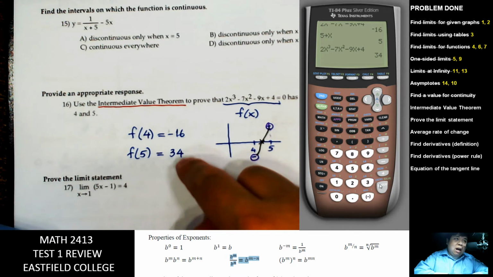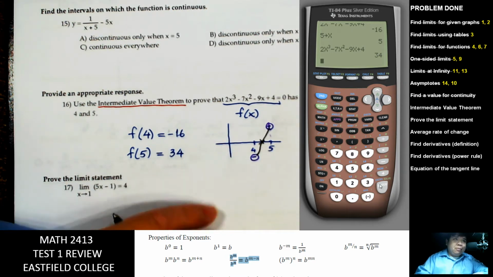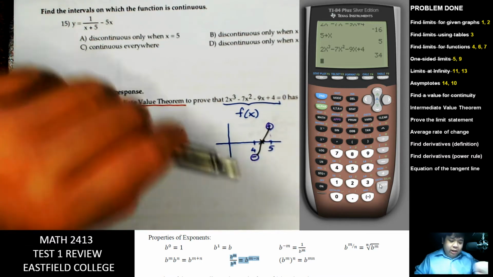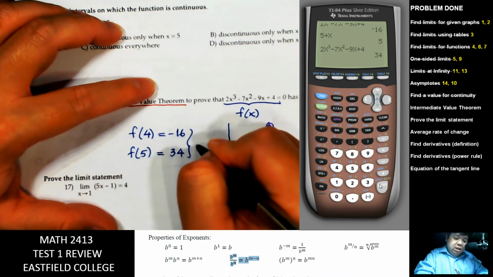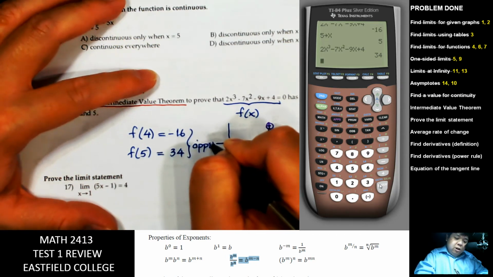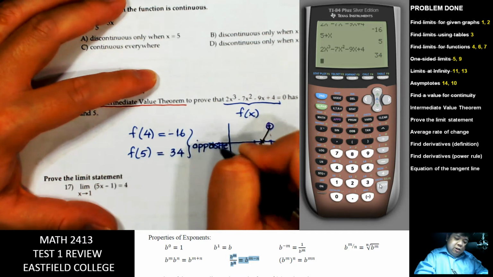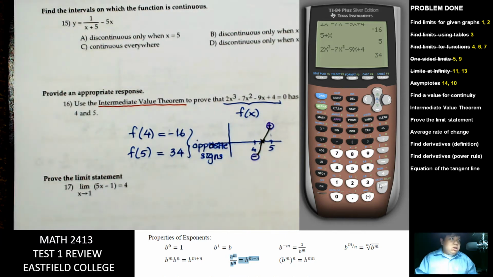Because they have opposite signs, there must be 0 in between. You have to go through 0 in between. So all we need to show is that they have opposite signs. Alright, so that's 16.